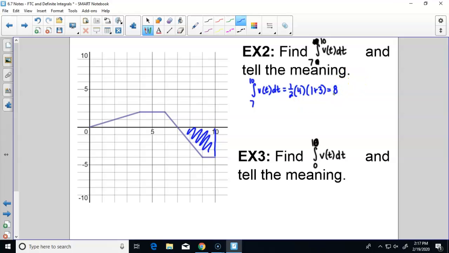Okay, and in this case, same scenario, so that is 8 feet. But since it's underneath the curve, it's not exactly 8 feet. What is it going to be instead? It is negative 8 feet. What does the negative tell you?